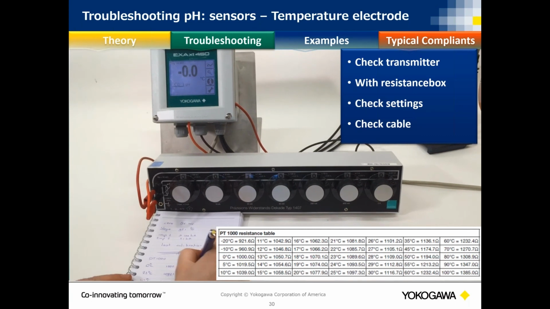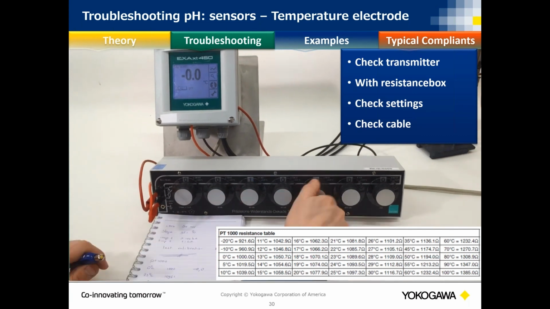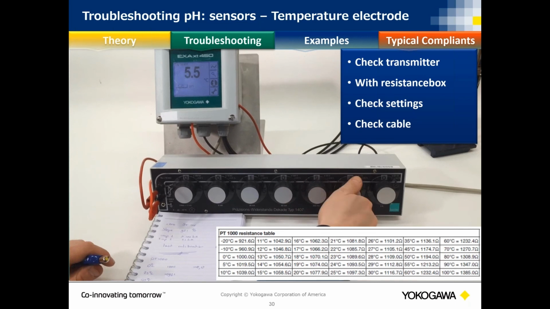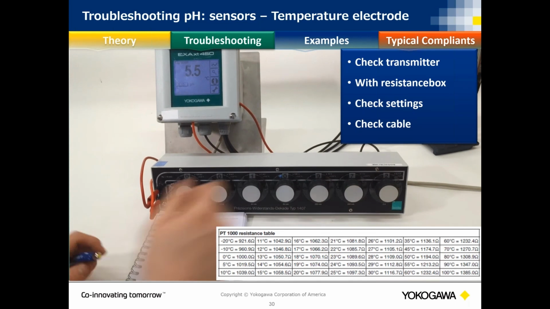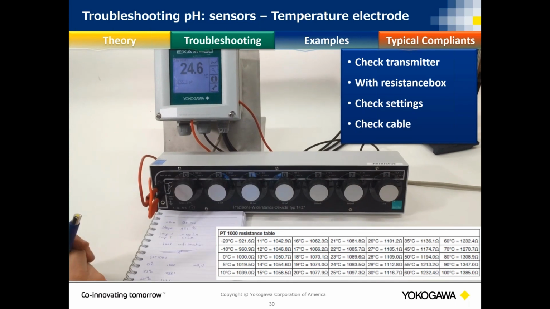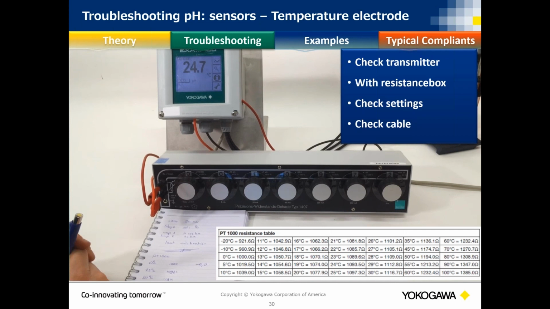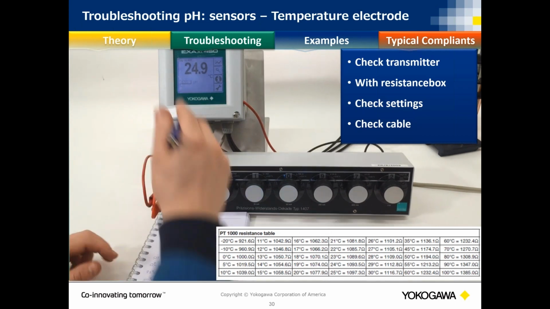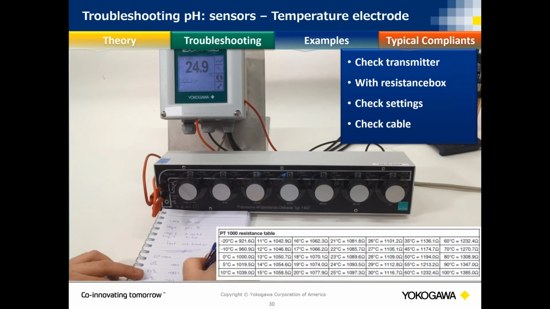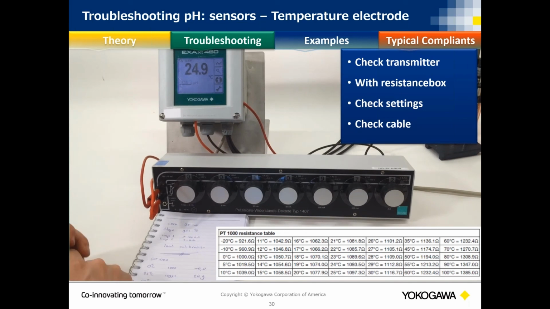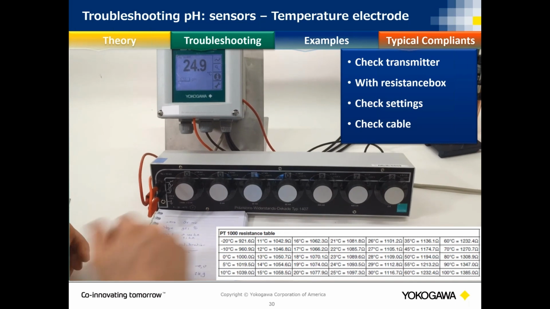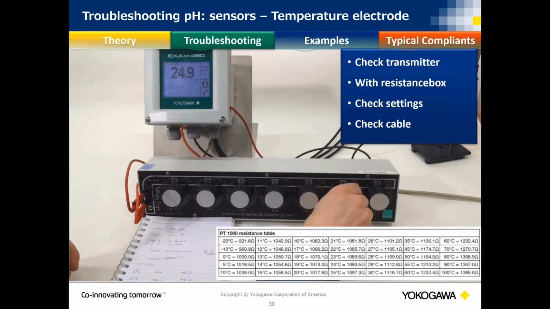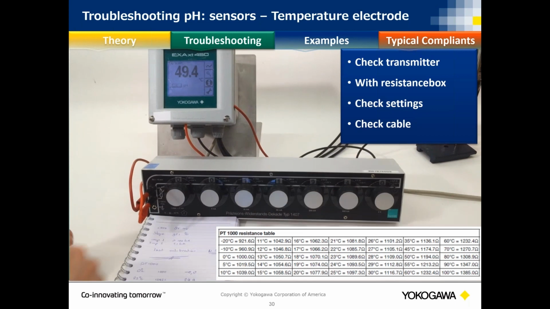So it's a good way to check that the temperature element in your system is reading correctly. We basically say that if it's within 0.3 degrees difference, then it's okay. Outside of that, we need to look at replacing that temperature electrode. And that is pretty much the last portion of what normal people go to check, okay? Normally it's the cable that goes or the sensor itself is bad.